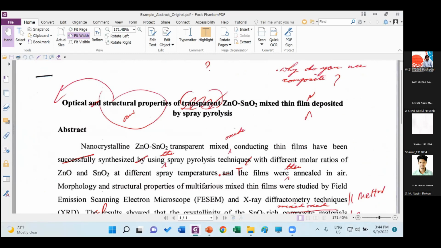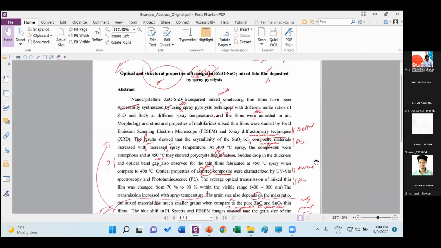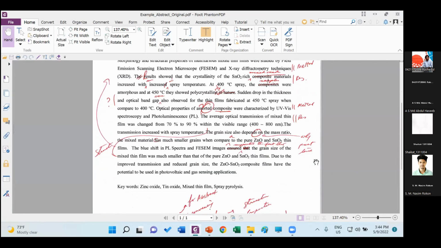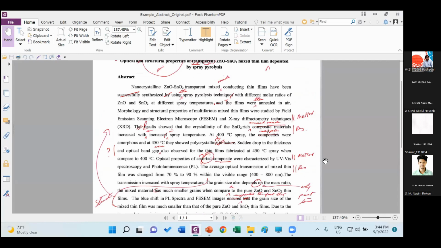So you have seen how a good abstract should look like. You know what are the requirements of a good abstract. Now, what do you think about this? Does it follow that rule? Yes, sir. It followed. Okay, so I have one answer. Yes, it followed.